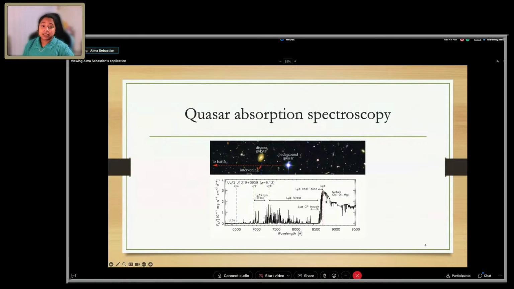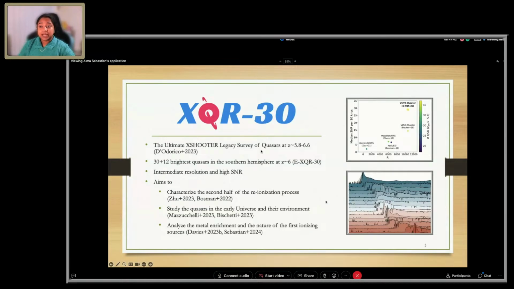Adapting the same technique, the Ultimate X-Shooter Legacy Survey of Quasars at redshift 5.8 to 6.6, or XQR30, is a spectroscopic survey of 30 brightest redshift 6 quasars in the southern hemisphere. We have also included 12 archival X-Shooter spectra in a similar redshift range, making our survey the Extended XQR30, or EXQR30 in short.